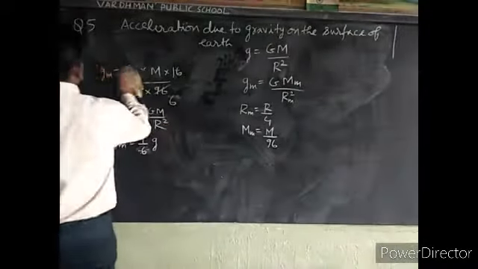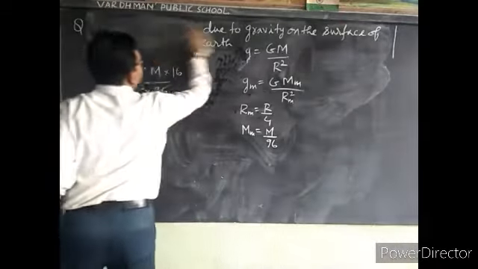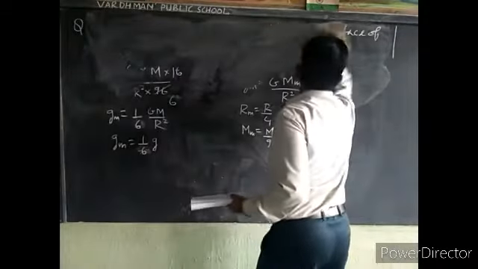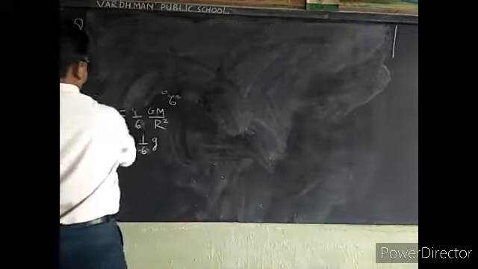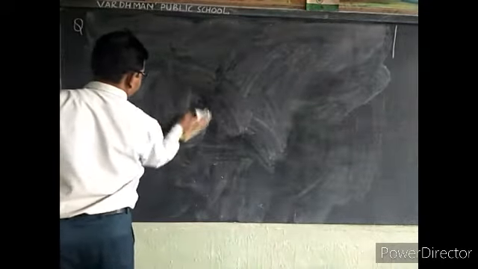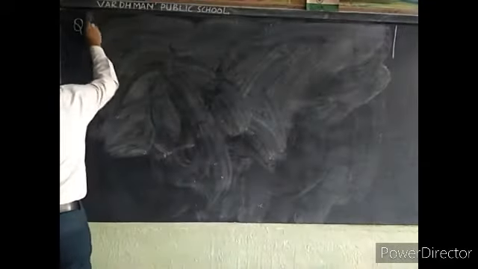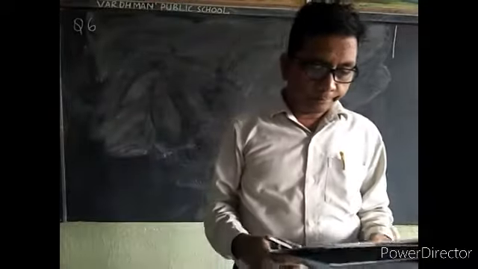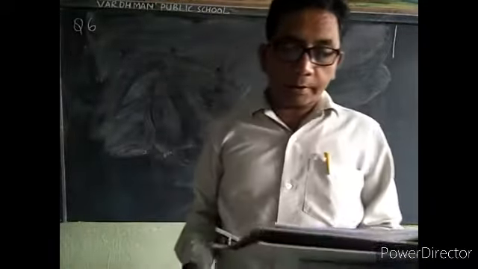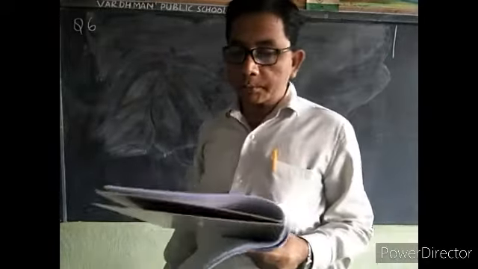Question number 6. The radius of the earth is 6 into 10 power 6 meter.